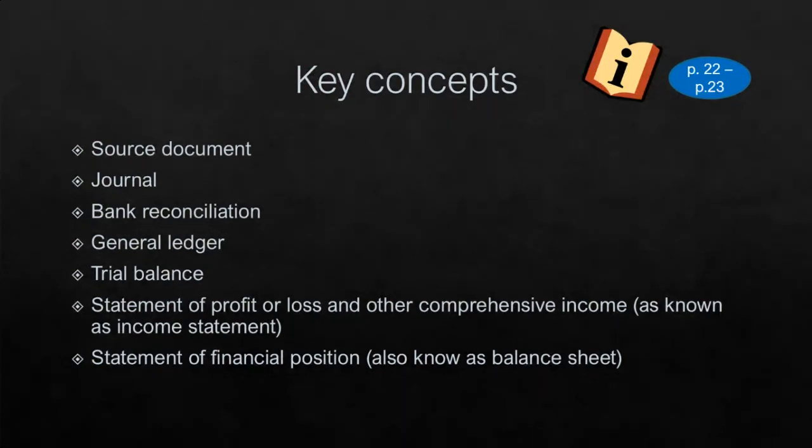Now, once you've done the journals, then you move on to your general ledger in your accounting cycle. Your general ledger is the bookkeeping or accounting system per se, and is a collection of accounts.